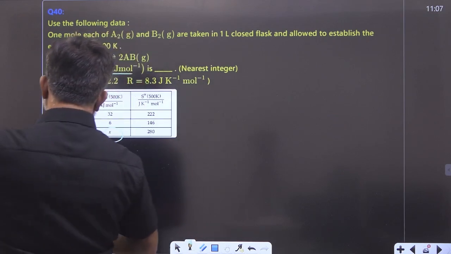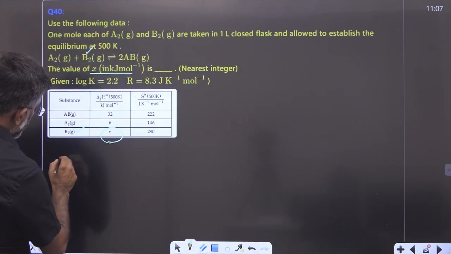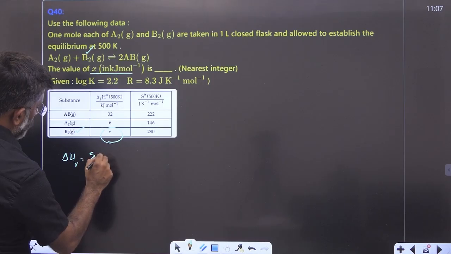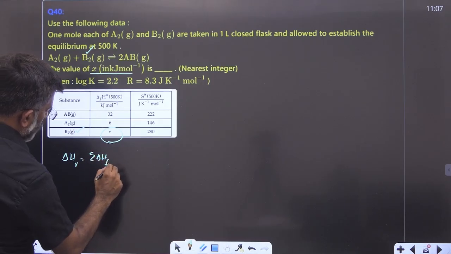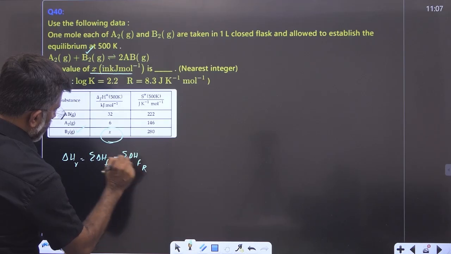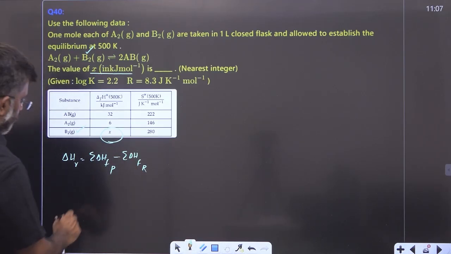So how can we get that? All of you know, delta H reaction equals sum of delta H formation of products minus sum of delta H formation of reactants, right?